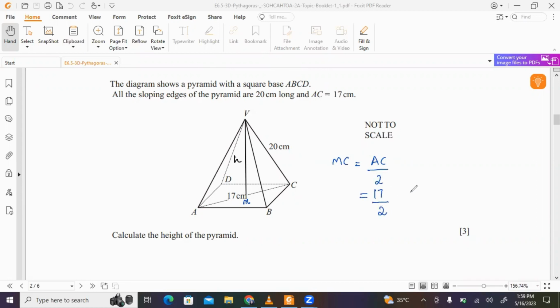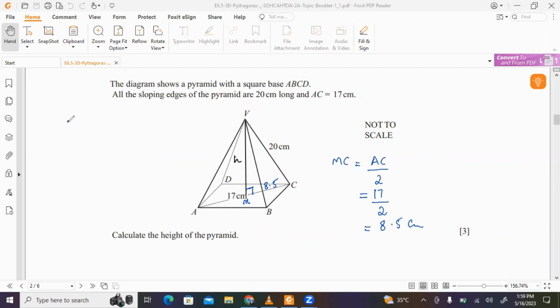So 17 over 2, which is 8.5 centimeters. That is your MC. Now we have to find the height. As you can see, this is a right angle triangle. We have a right angle over here at M. So we can easily apply Pythagoras to calculate the value of the height, which is represented by VM.